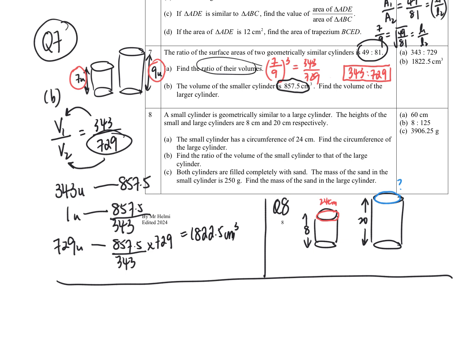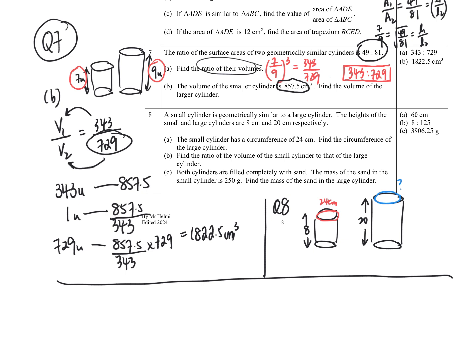Okay? Okay, question 8. They say I have two geometrically similar shapes. The height is 8 for the small one, 20 for the big one. Then they say the circumference is 24 for the small one. What is the circumference of the big one? So remember, whether it's radius, height, diameter, circumference, we are all talking about length.